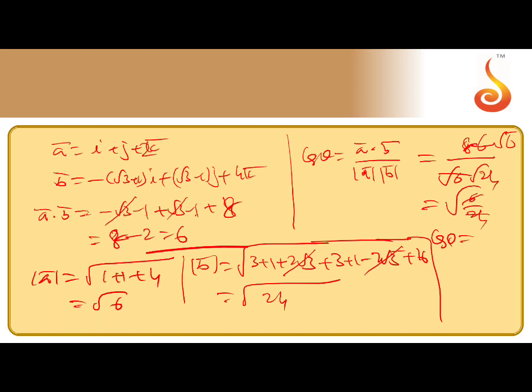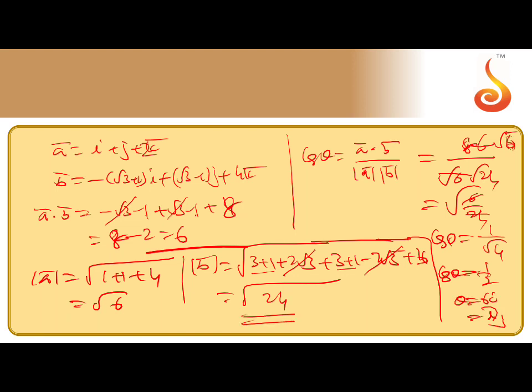Just a minute, did we do something wrong? 3 plus 3, 4 plus 4, 8 plus 24. 24 is correct only. So a dot b is 6, correct only. 6 by... that means 1 by root 4, meaning cos theta equal to 1 by 2. Theta equal to 60, that is pi by 3. You did it correctly. So sometimes be careful with calculation also.